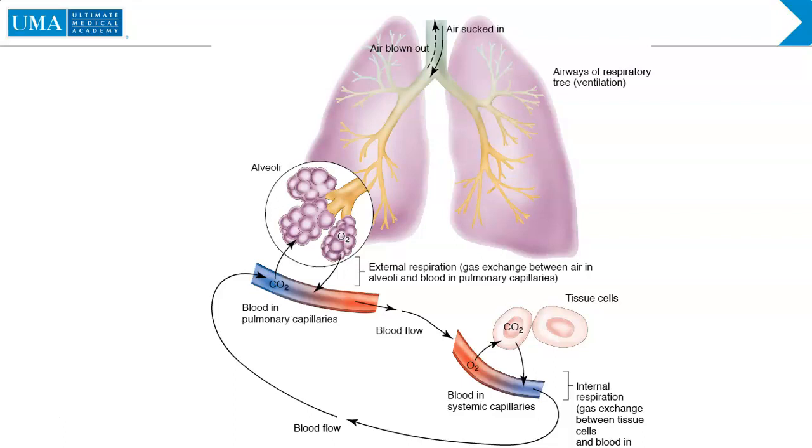Here's where we have the exchange of carbon dioxide for oxygen. So this is external respiration, we exhale. Then we move on into internal respiration, where again we have the exchange of carbon dioxide and oxygen within the tissue cells.